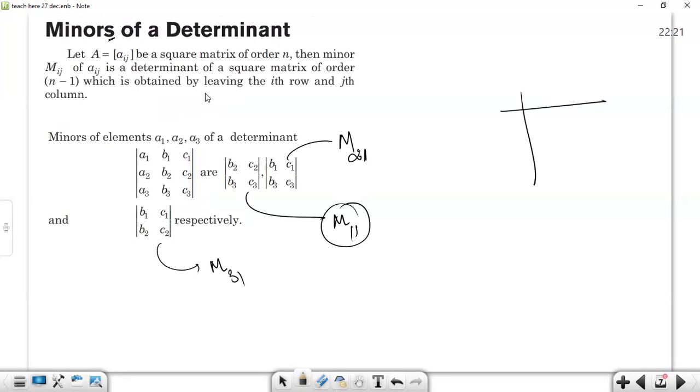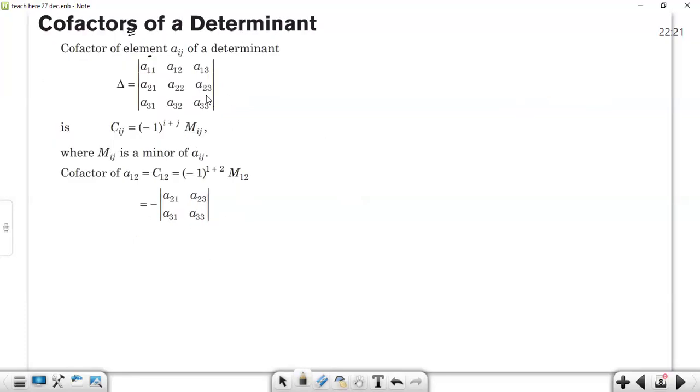The cofactor of any element is simply minus 1 raised to power i plus j, multiplied by the minor. We have already discussed what the minor of a particular element is. Simply multiply it with minus 1 raised to power i plus j to give it a sign.